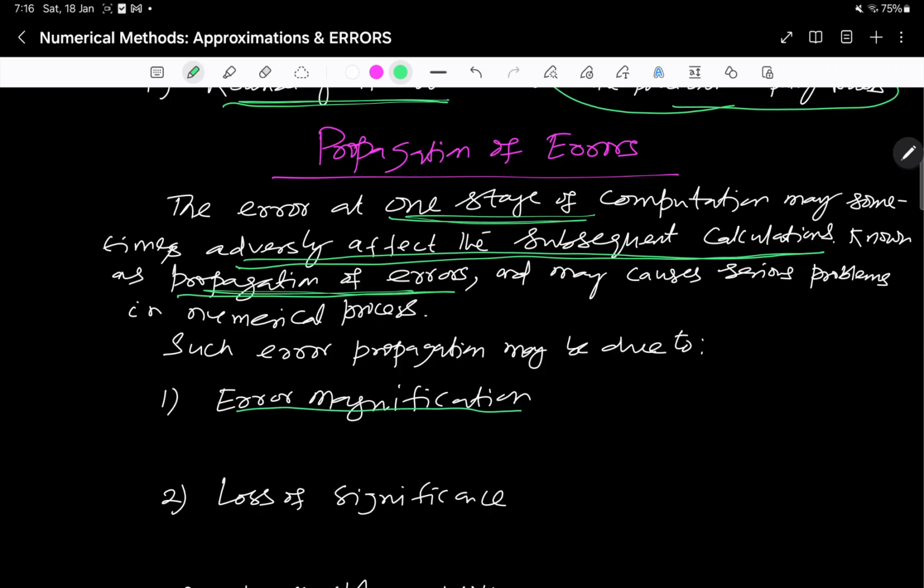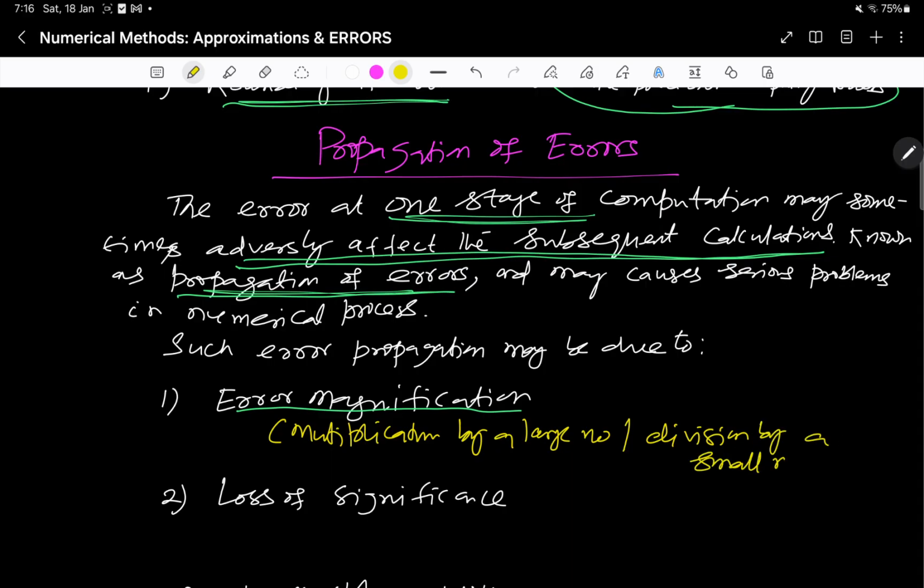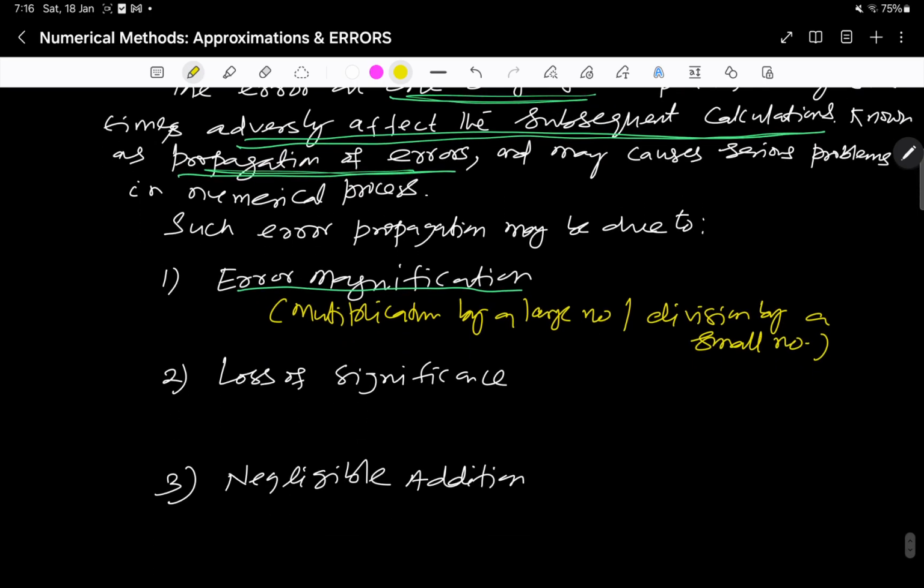What do we mean by that? The magnification of error means multiplication by a large number, or division by a small number. It will magnify the error.